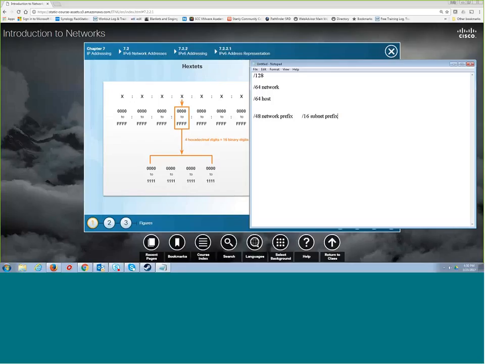Okay, and then you will have your /64 for host. Now, the current working model is that we will have /48 prefixes handed out to everyone at their homes. Okay, so think about this. That means at your house, you're going to have 16 bits. You have 2 to the 16th.